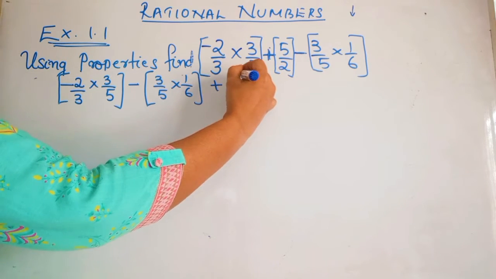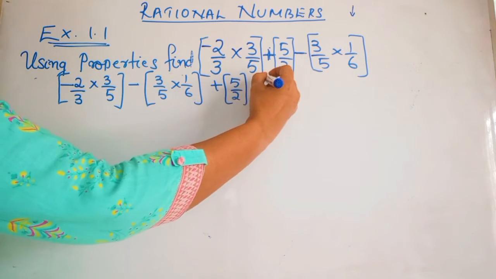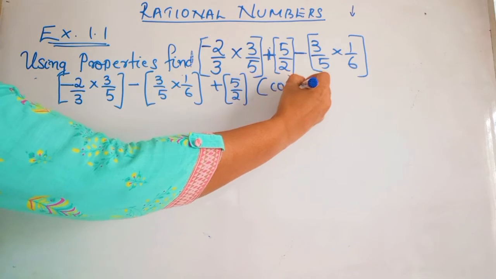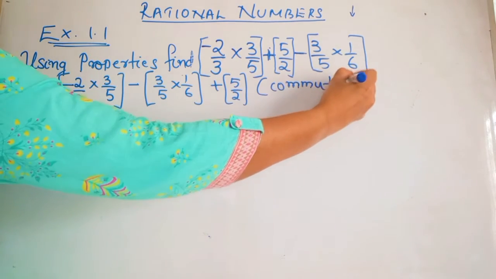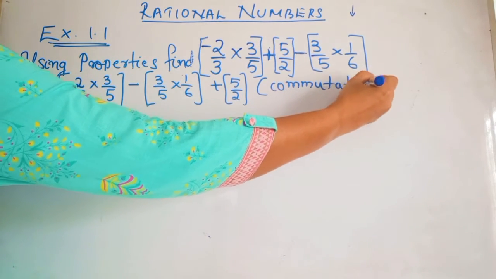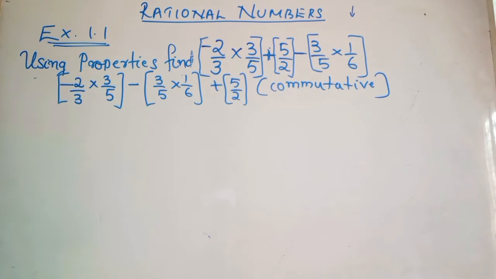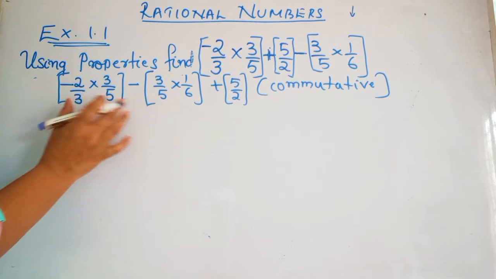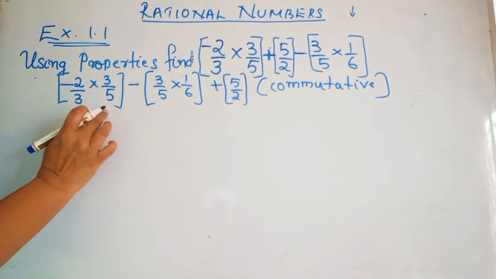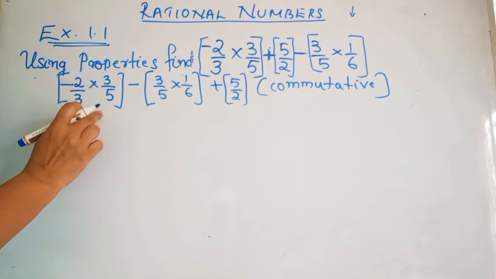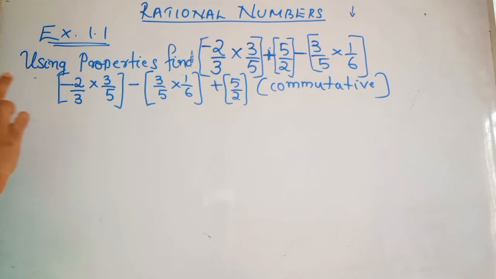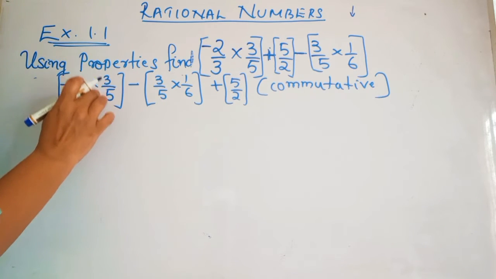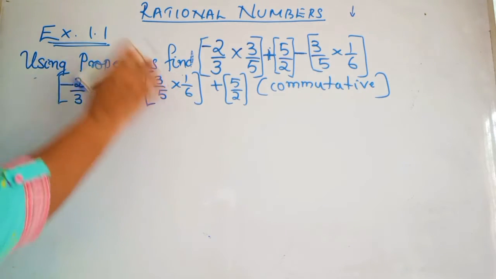So here we applied commutative property. And now you can consider the first two terms. Here identify the common rational number, that is 3 by 5. Here also 3 by 5 is there.